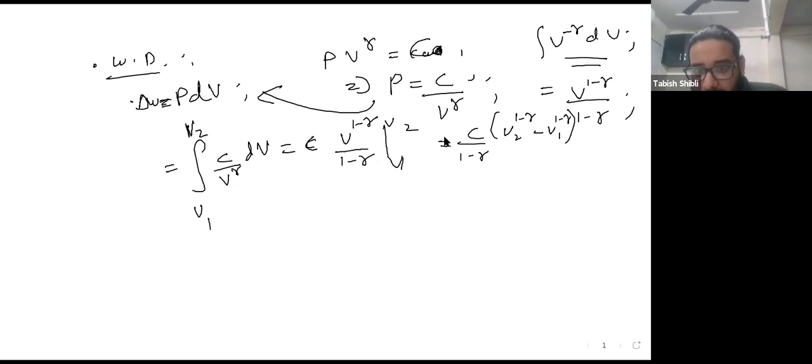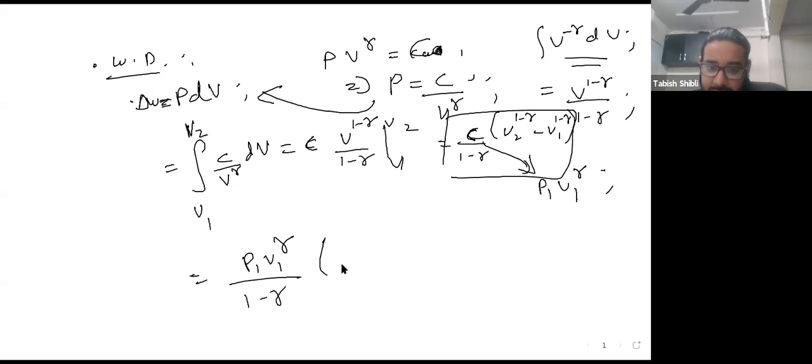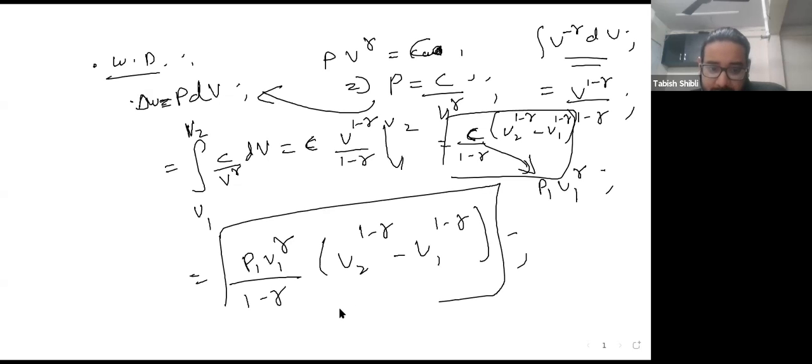This is essentially the work done, where C you can just calculate by putting in P1 V1 to the power gamma. So essentially this is P1 V1 to the power gamma divided by 1 minus gamma, times V2 to the power 1 minus gamma minus V1 to the power 1 minus gamma. That is the work done in an adiabatic process. Realize that what we're doing is exactly the same thing throughout.